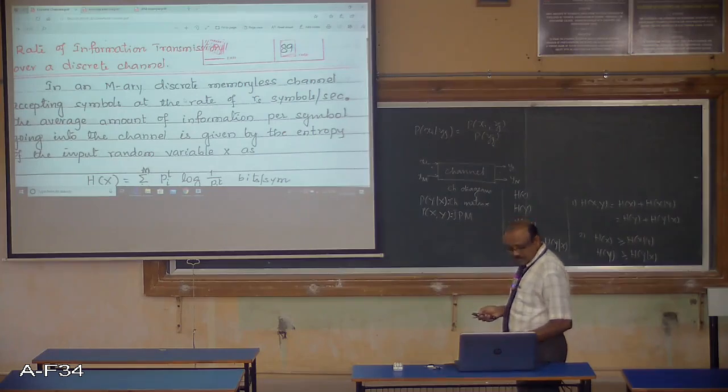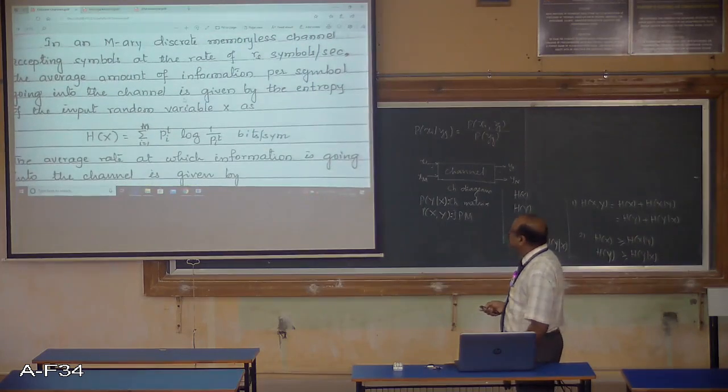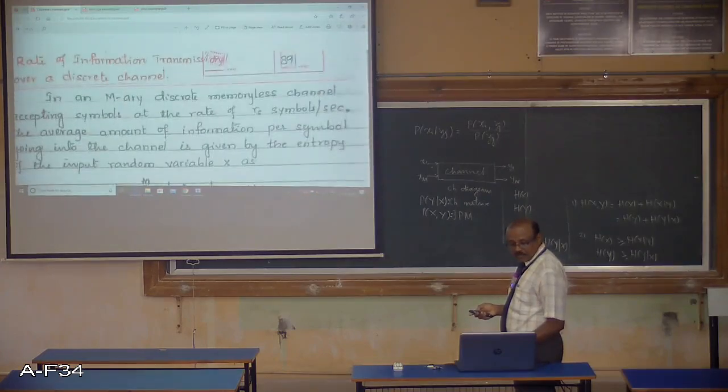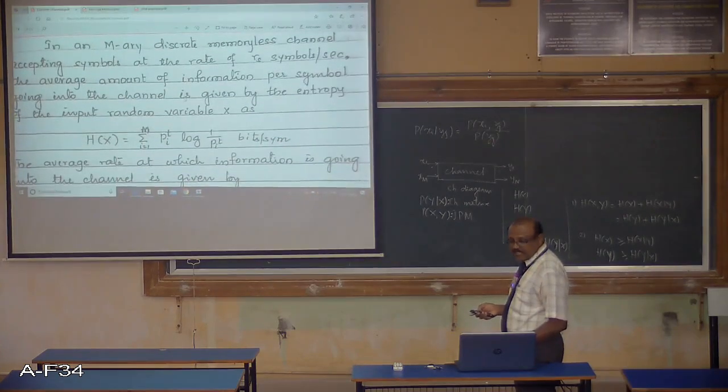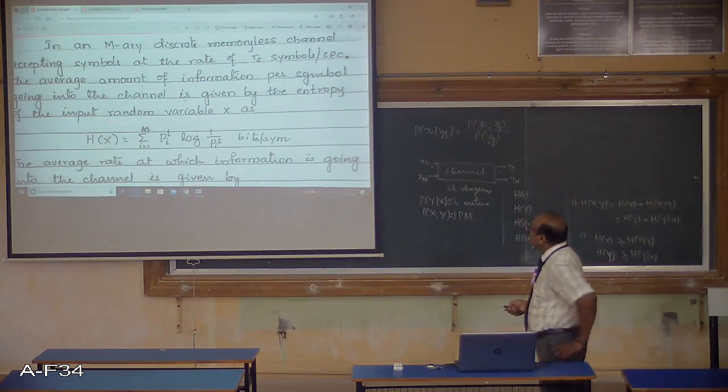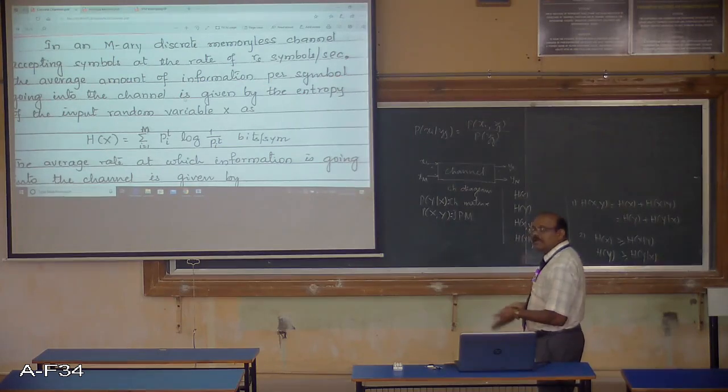Now, we have seen for any discrete channel what H of X indicates. This H of X indicates the average amount of information per symbol going into the channel.